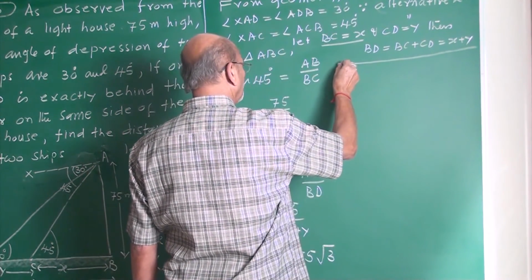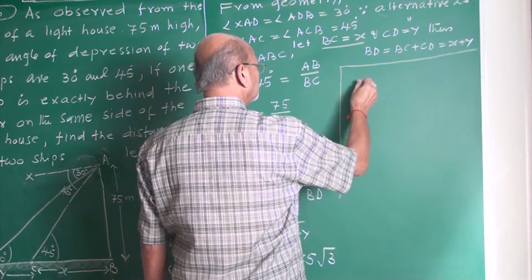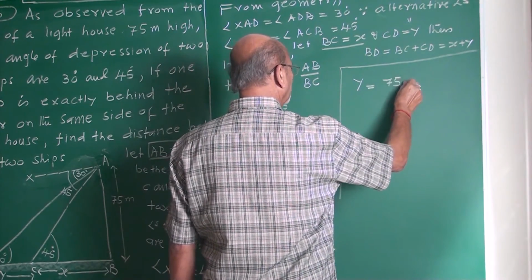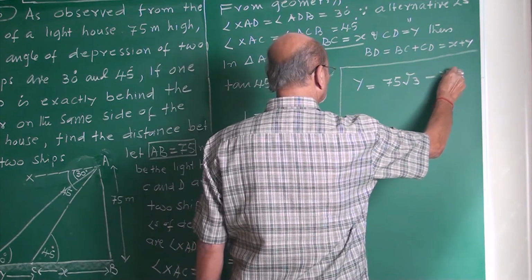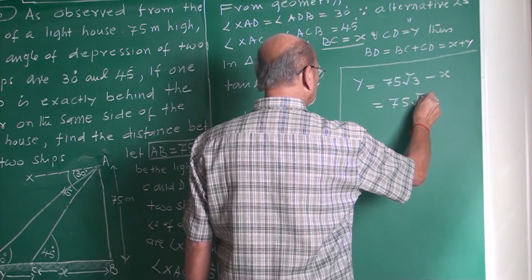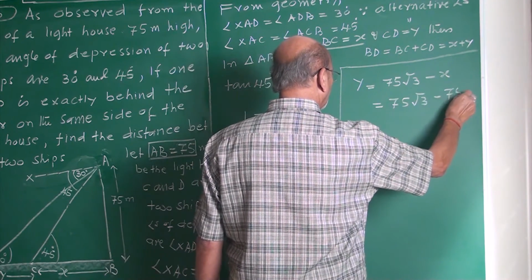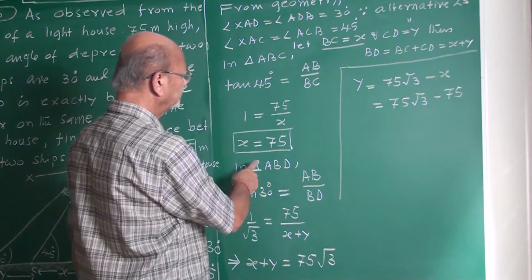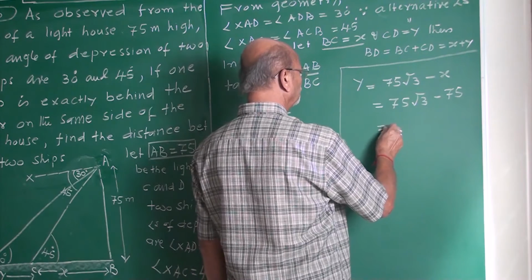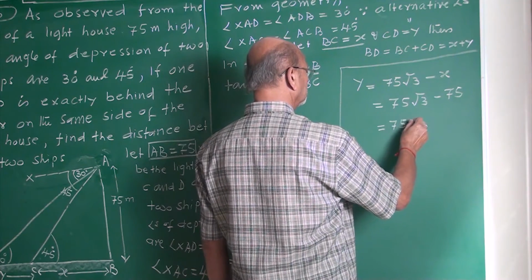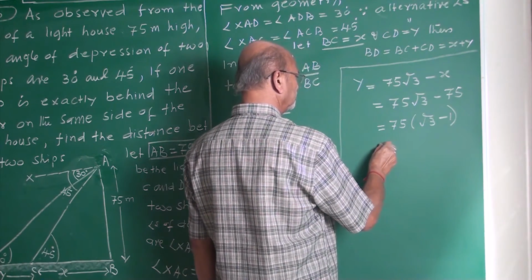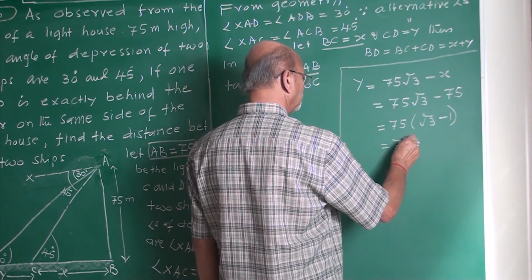Therefore, the value of Y is 75 into root 3 minus X, where X is 75. 75 is common, so you get root 3 minus 1, which is 75 into root 3 minus 1.